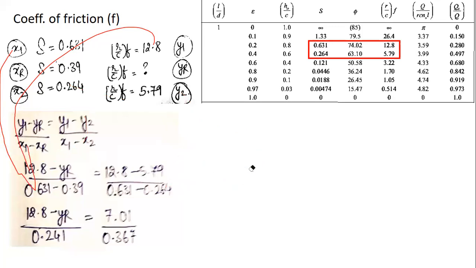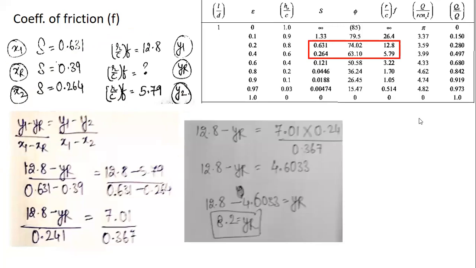Once I put these values in and solve it step by step, I'm getting this r by c into f value as 8.2, which is justified. You can see here, if 0.39 lies between 0.631 and 0.264, then obviously this 8.2 is between 5.79 and 12.8. That's correct.